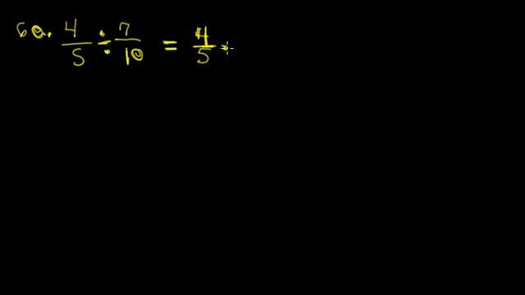All right, and we're going to look at division. So we'll look at 60 here. Now, division is a reciprocal operation. So 4/5 divided by 7/10 is equal to 4/5 times the reciprocal, which is when you flip the upstairs and downstairs of 7/10, so 10/7.